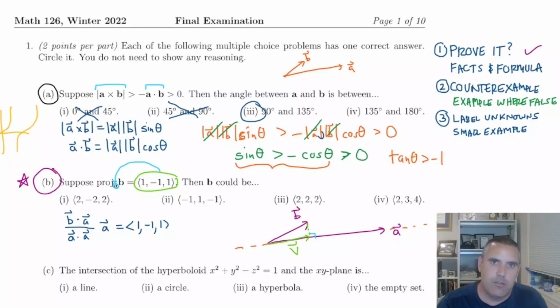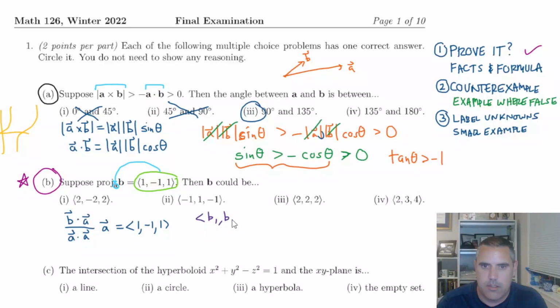Okay, so if I do that, what happens? So I'm going to replace A with, so I don't know what B is. Let's just call it B1, B2, B3. I'm dotting it with what I'm replacing A with, this.